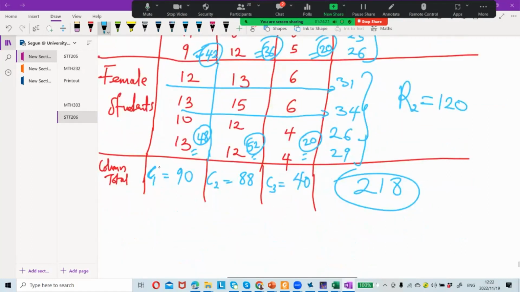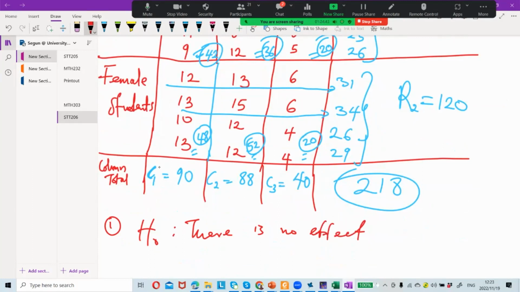So let's state the hypothesis. The hypothesis H0 is that there is no effect of one variable on the other.